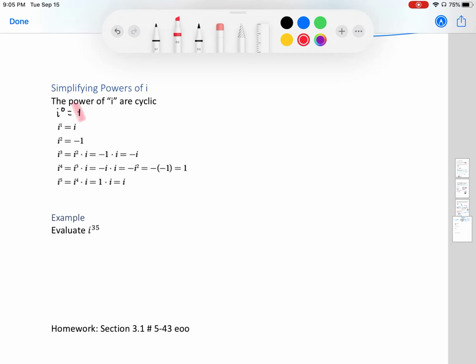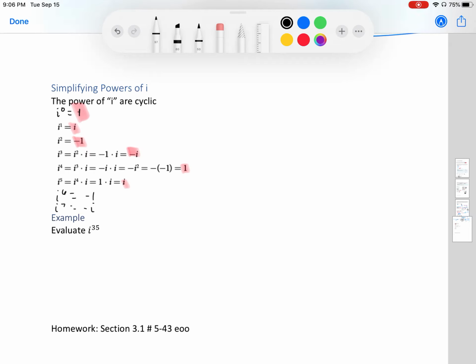We have 1, i, 1, i, 1, i. And notice that there's negatives combined with these. So I have positive, positive, negative, negative, positive, positive. And if we continue, we get a negative 1 and a negative i. So i to the 6th power we know would be a negative 1, and i to the 7th power would be negative i. And it would continue that cycle.